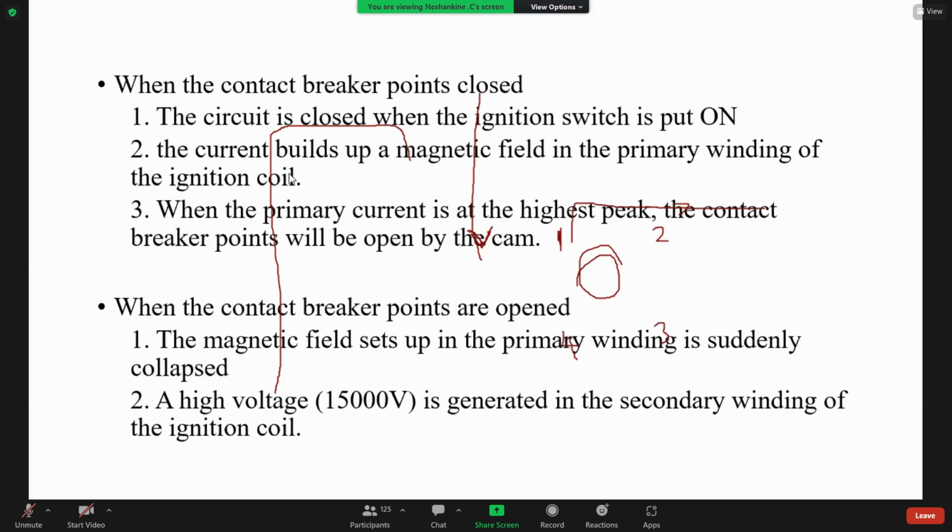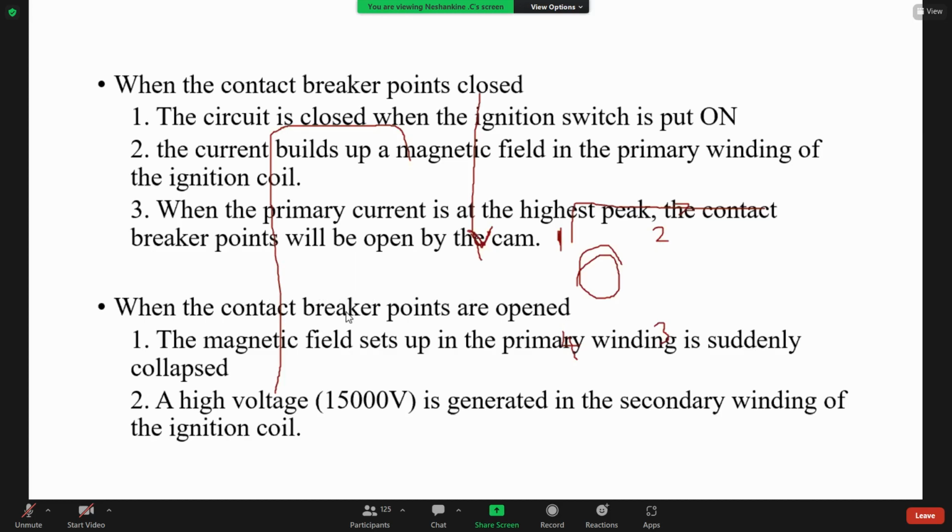Then current builds up a magnetic field in the primary winding coil. When the primary current is at its peak, at that time the contact breaker point will open.